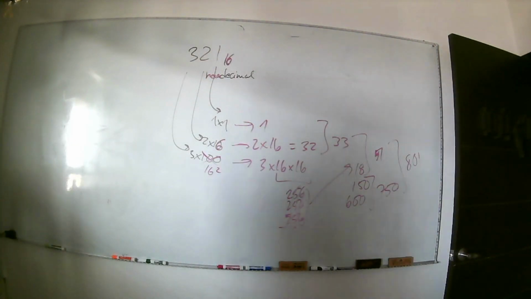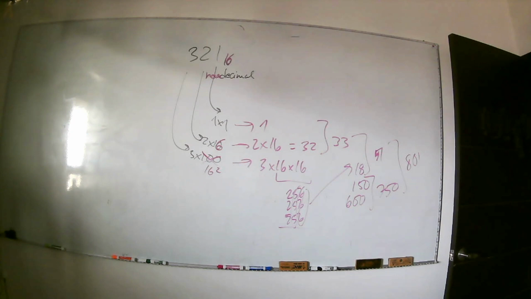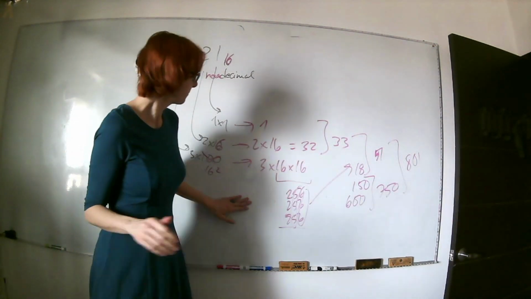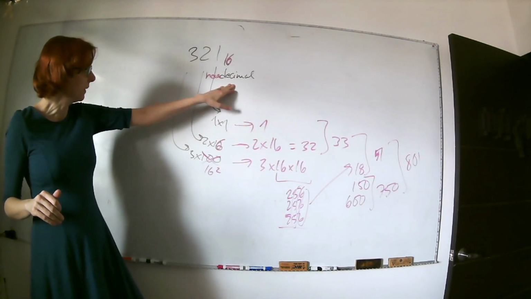Let's ask my Python. 321 in base 16 is 801. Okay. So that's what hexadecimal means.